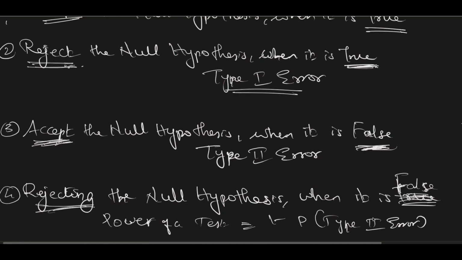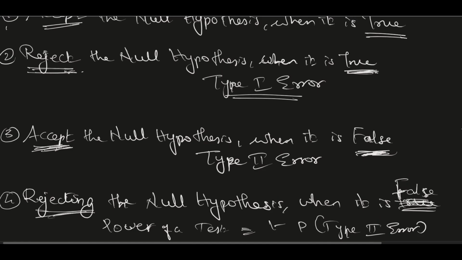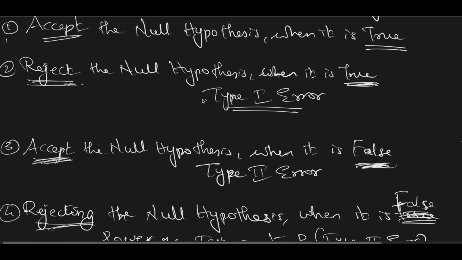Type 1 error is also called a false positive. True is positive, and your decision of rejection is false. So it is a false positive.